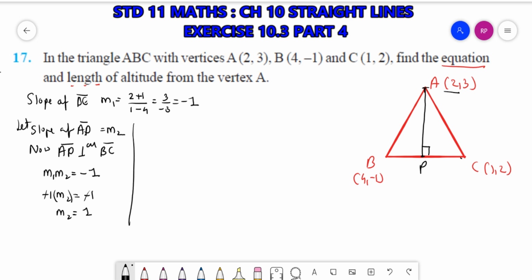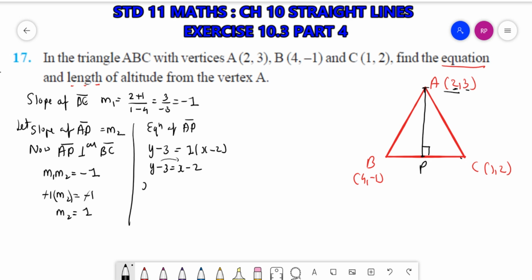Okay. So the equation of AP is y minus y1, that is 3, equals m, that is 1, times x minus x1, that is 2. So it's y minus 3 equal to x minus 2.